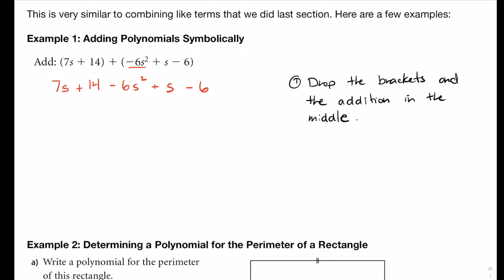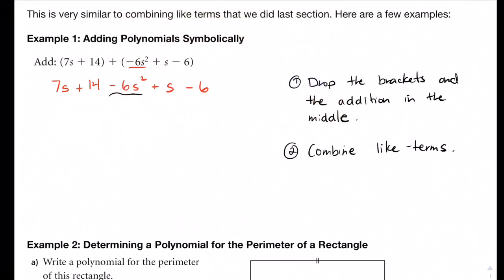So we saw these questions yesterday, and all we need to do is combine like terms together. So the second step that we need to do is combine like terms. Okay? So we want to combine like terms, and all that means is we're going to group our like terms together. So I'm going to look for my s squareds.